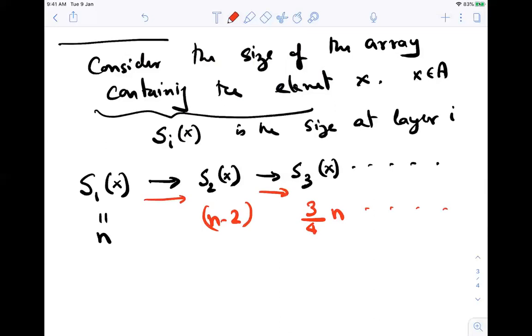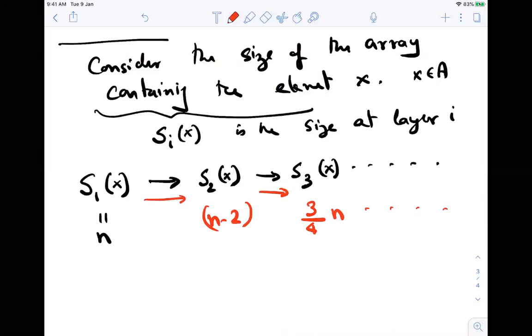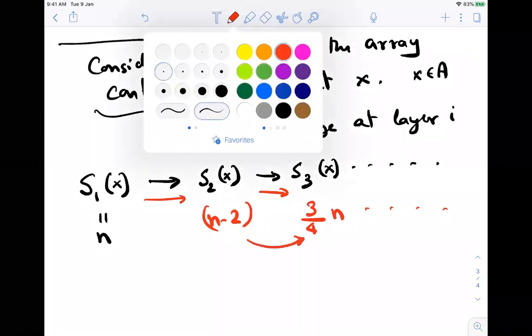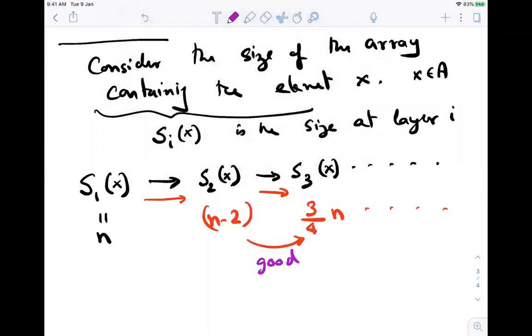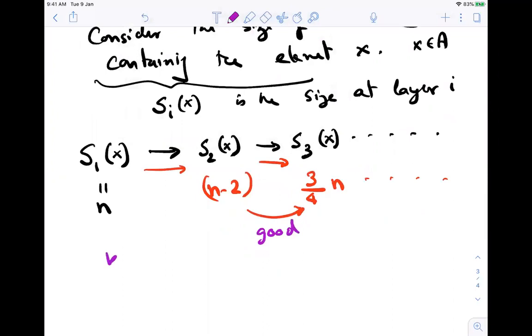So it means that if that happens, every time this splits up, let's call this one a good splitting. When does a good splitting happen? This is when K, you remember the K that we had talked about, was between n by 4 and 3n by 4.